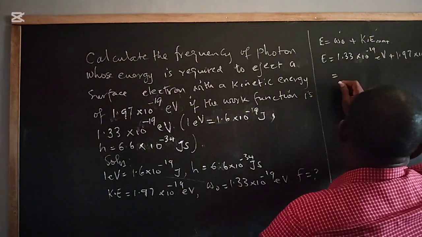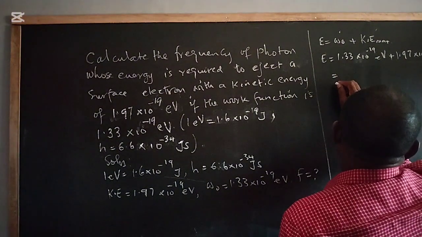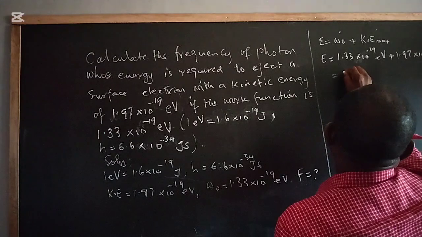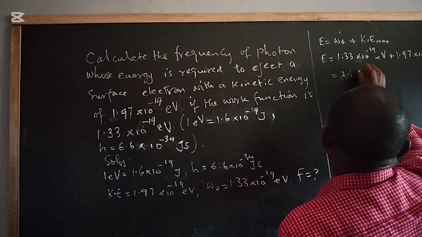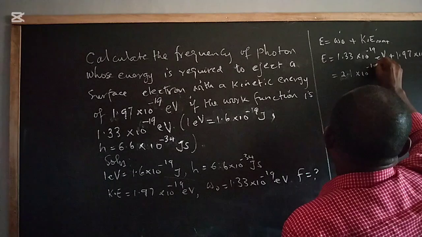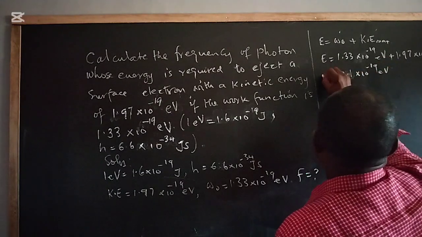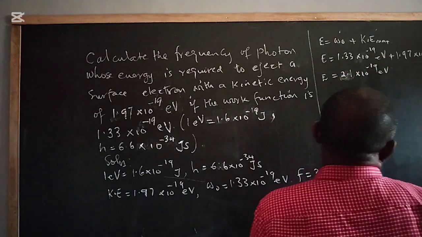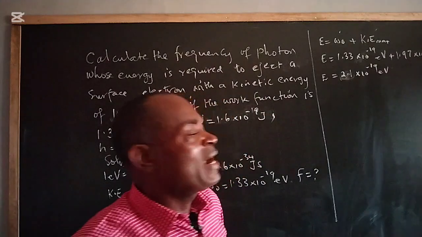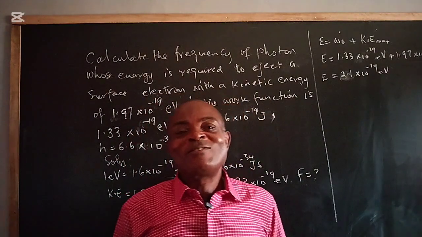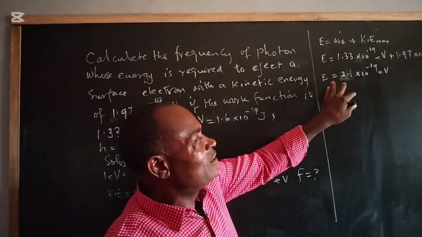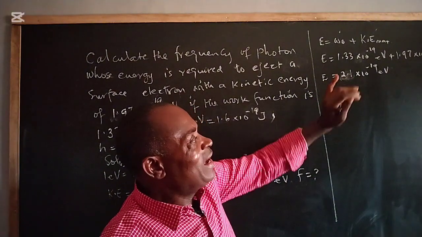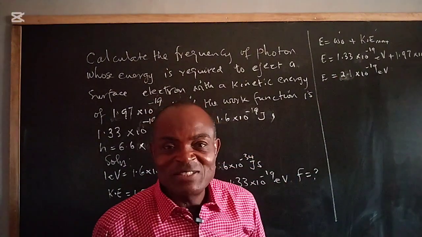If we do that, we have 2.1 times 10 raised to the power minus 19 electron volts, being equal to the energy of radiation. But we know that the energy of radiation has a direct relationship with the frequency of radiation.